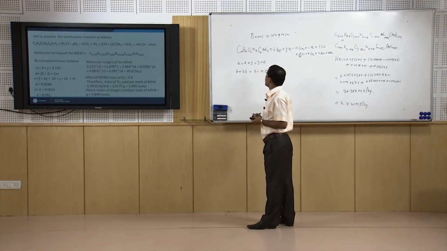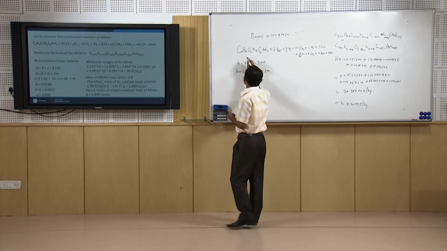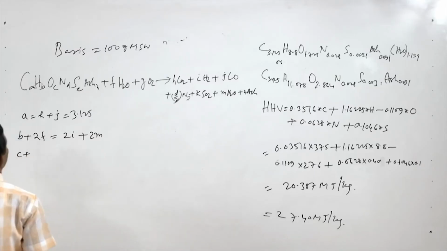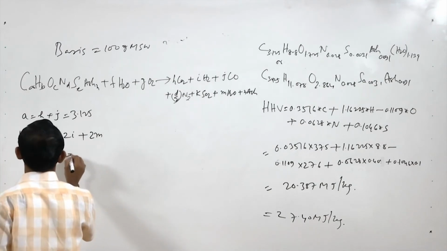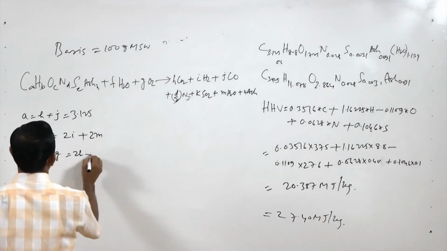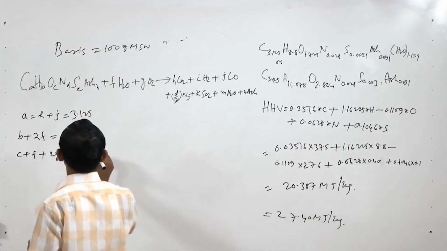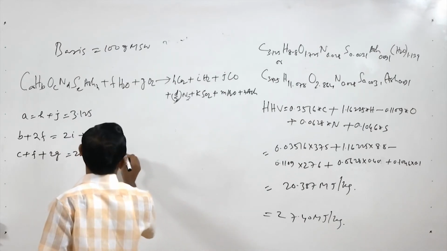If we go for oxygen balance, then c plus f plus 2g is equal to 2h plus j plus 2k plus m.